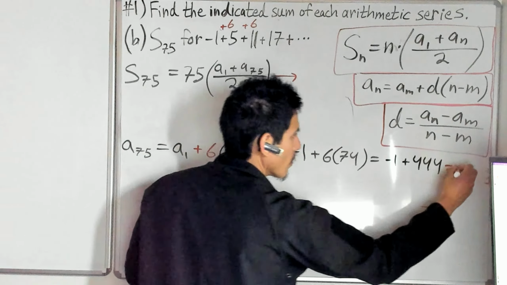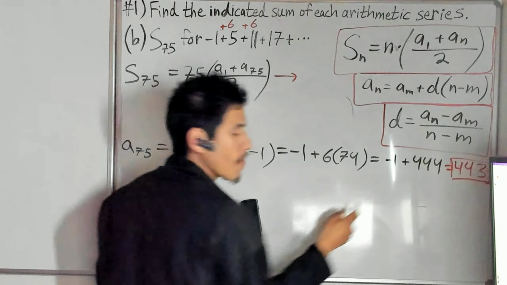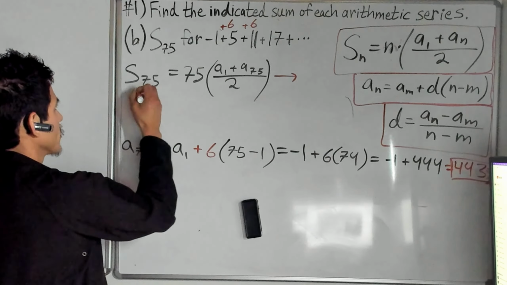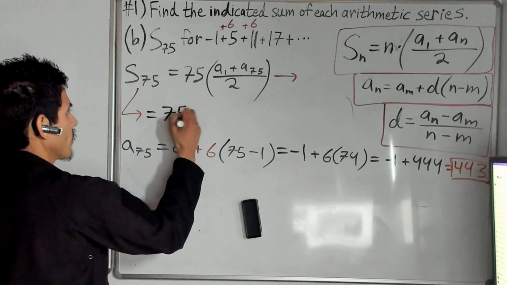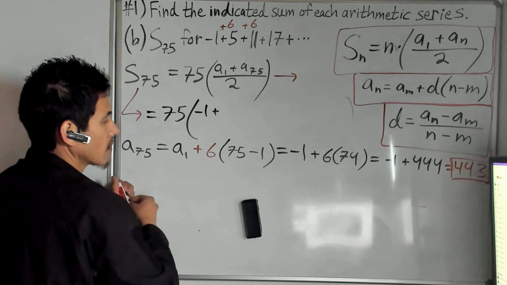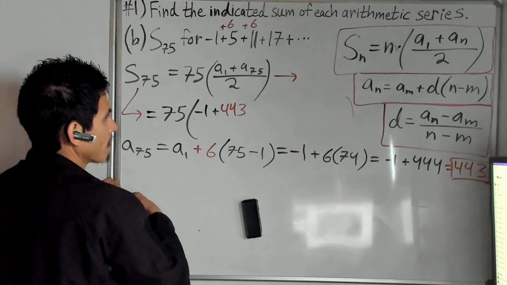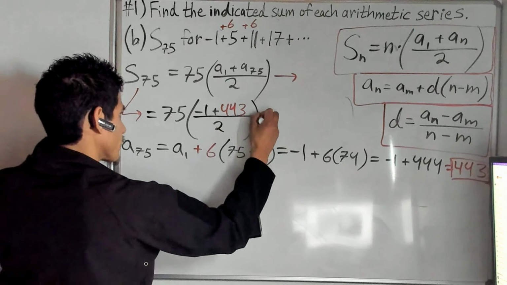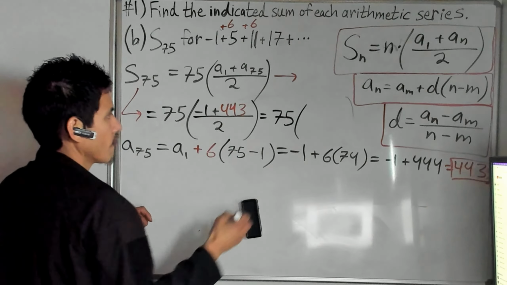Whoa, whoa, whoa. So 443. Let's squeeze this over here. We get S75: a1 is -1 plus 443 over 2. 75 times 442 over 2.